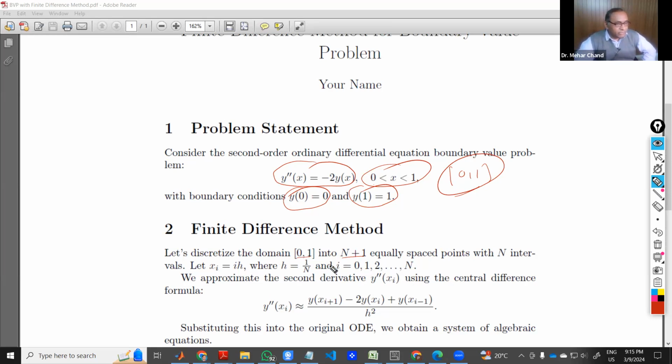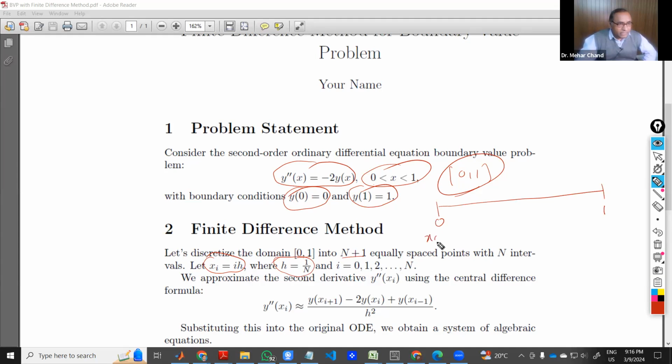So when we have n intervals, x i will be equal to i h, where h is equal to 1 upon n. This is the length of the step size, and i will vary from 0, 1, 2 up to n. So this is the interval, and at this place we have 0 and this is 1.